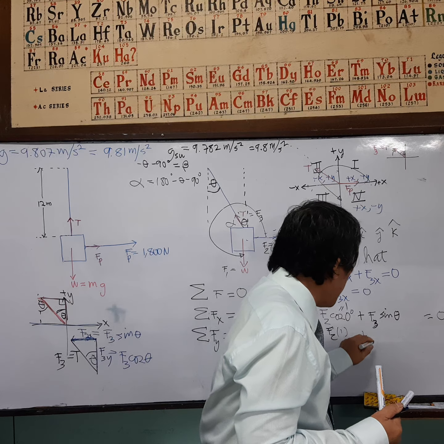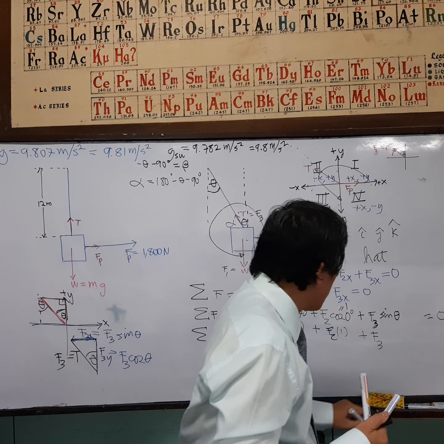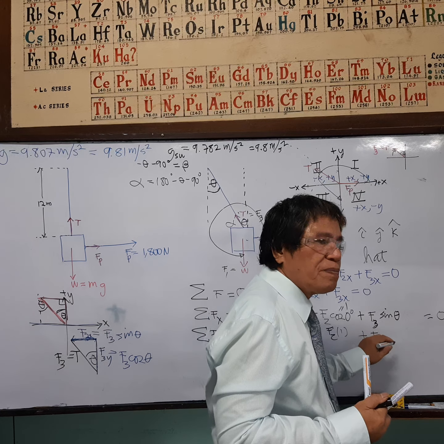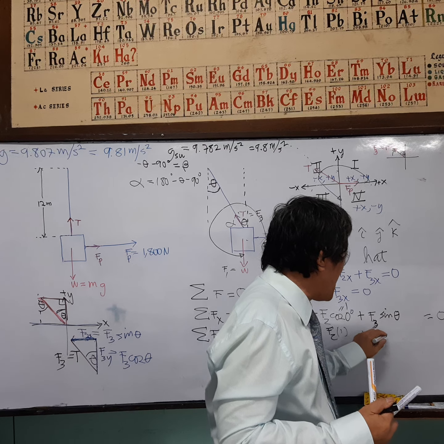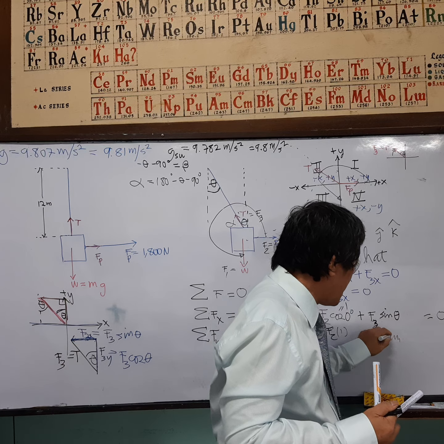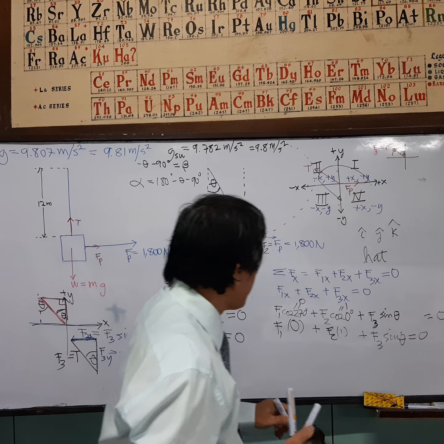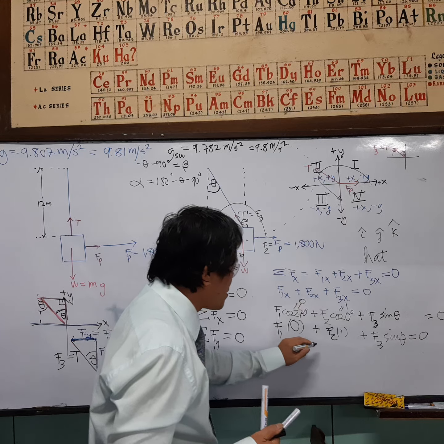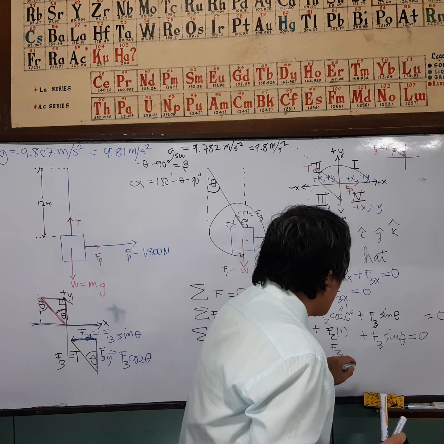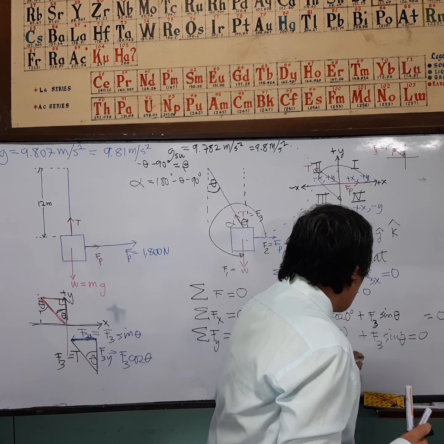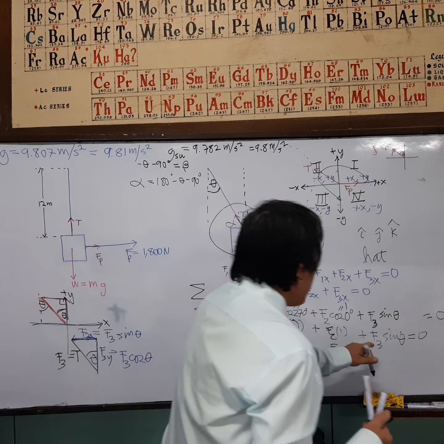Then plus F3 sine of theta. We do not know theta, so it remains sine theta. So this one is 0, and what remains is F2 plus F3 sine theta.